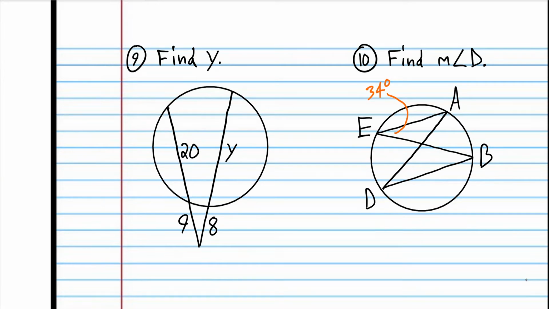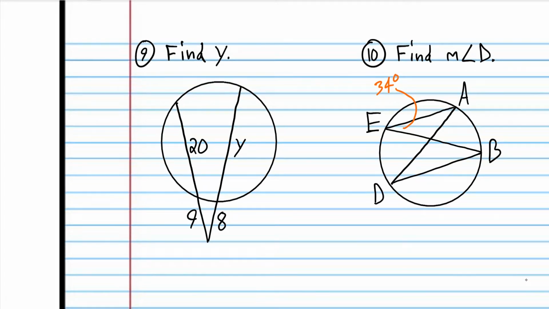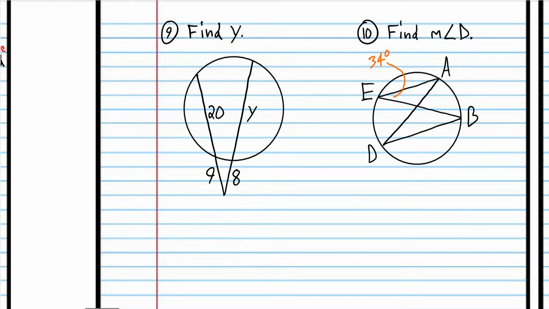All right, we're back. We're going to have to use the secant segments theorem, which tells us if we have two secant segments, secant meaning they're not tangent, they don't just touch once, they touch in two places.